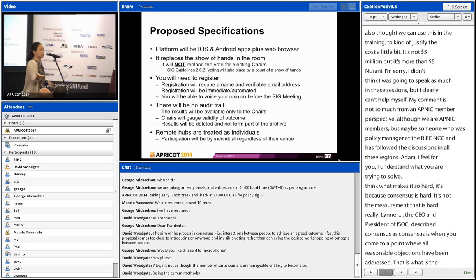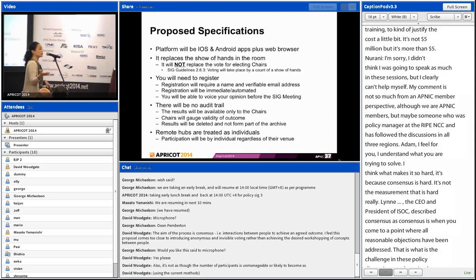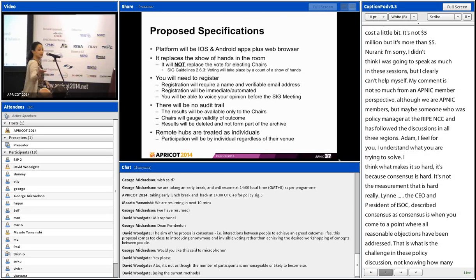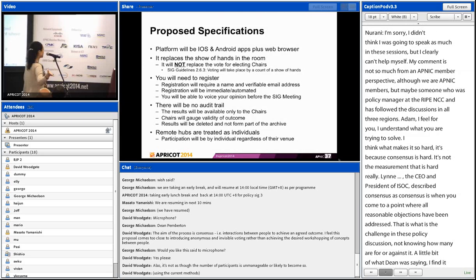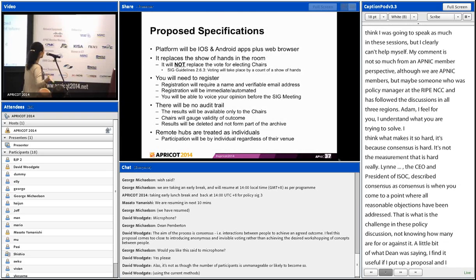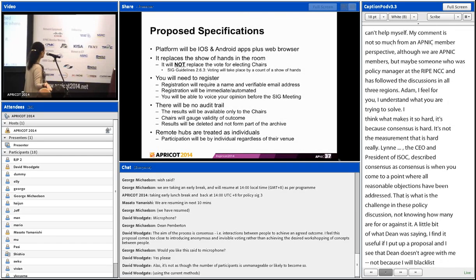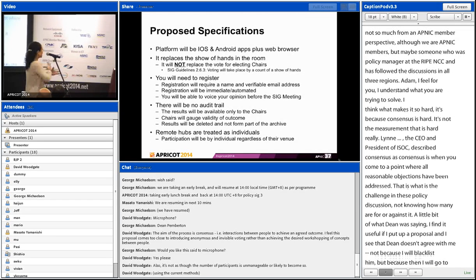A little bit what Dean was saying, I find it useful if I put up a proposal and I see that Dean doesn't agree with me. Not because I'll blacklist him, but because then I'll go to him and I'll say, what are your objections? And Dean might actually have a point. And I think that is what makes good policy.